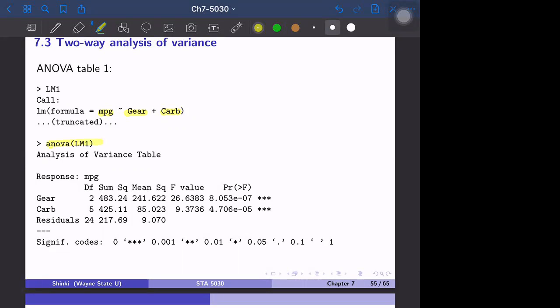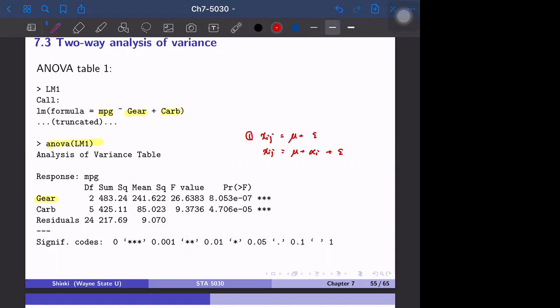In the ANOVA table, the first line tests if gear is significant. So that means we test x_ij equal to mu plus epsilon_ij against x_ij equal to mu plus alpha_i plus epsilon_ij.